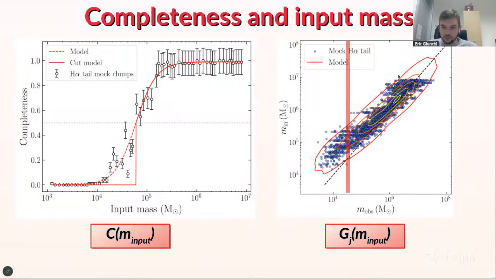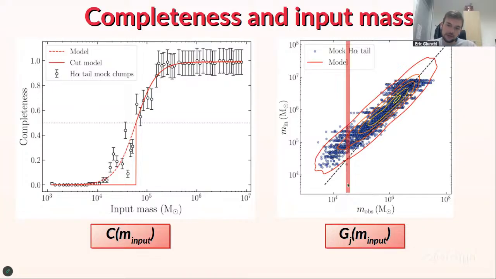It's also interesting to look at the discrepancy. This is the comparison between the intrinsic mass on the y-axis and the observed mass on the x-axis of all the mock clumps that we were able to redetect. And you can see that there is a good agreement at high mass. So our data analysis is able to retrieve the same mass as the intrinsic one. But in the low mass regime, we tend to underestimate the real mass of the clump.